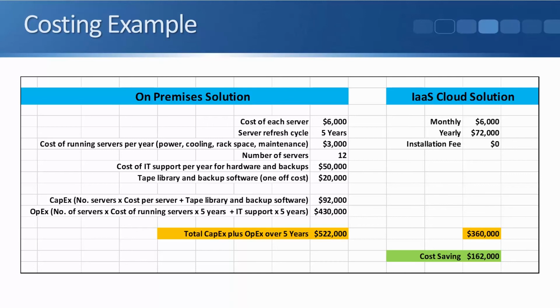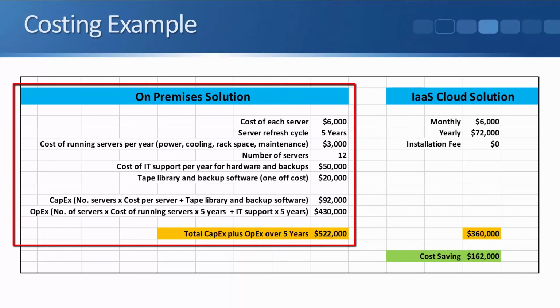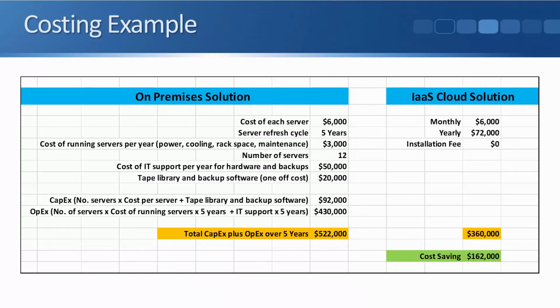So this is not the actual salary that's being paid to the staff. We've figured out of all the money that is going to staff, how much of that is actually used for hardware and backups. Next up, the tape library and backup software, which is going to be just a one-off cost at the start of the 5 years, $20,000.